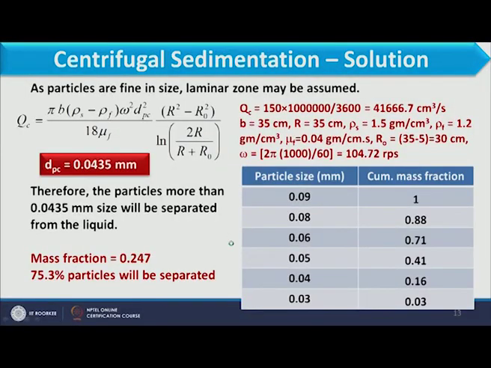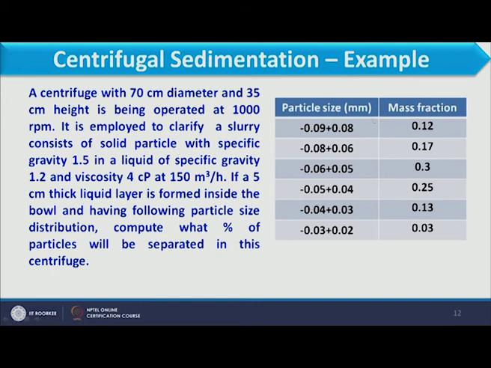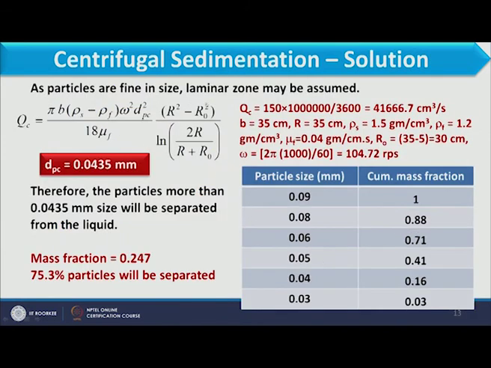As the particle size is very small, you can see the maximum is 0.09 and the minimum is 0.02. So the particle size is very small, and we can consider this as a laminar zone.